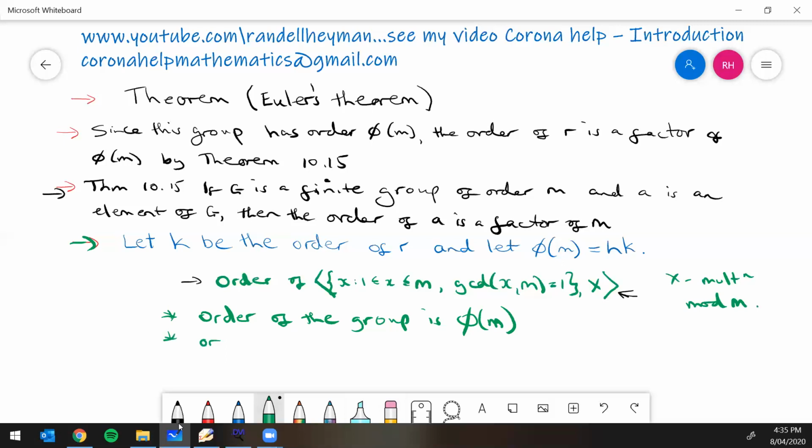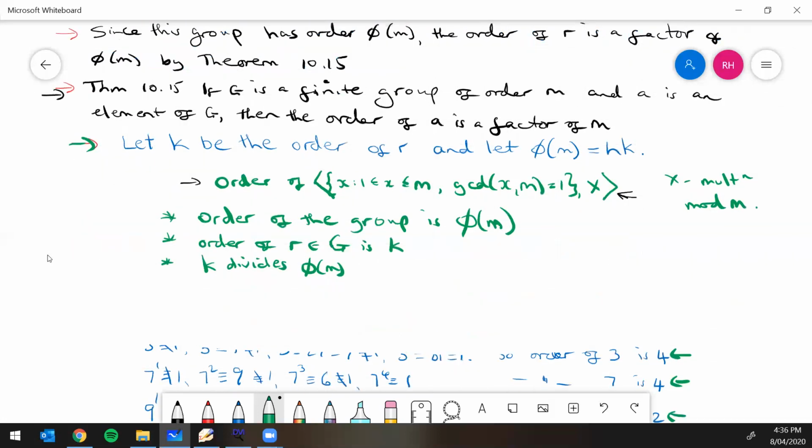The order of R, which is an element of the group, is K. And then the next point is that K, the order, divides, it's a factor of, divides that. And so, well, we don't need all this stuff here. We had that previously, didn't we?